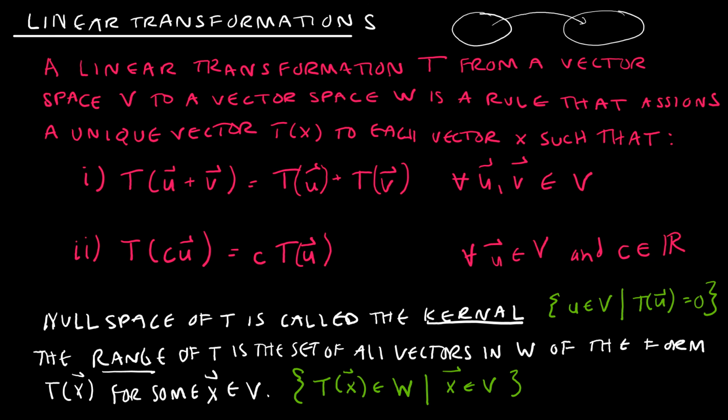So if you'll recall, a linear transformation, and again we're looking at it from a vector space to a vector space, which is not what we did previously, is a rule that assigns a unique vector Tx to each vector x, again a function, such that the transformation of the sum of vectors u and v is equal to the transformation of vector u plus the transformation of vector v, for all u and v in the vector space V. And that the transformation of some scalar times vector u is equal to the scalar times the transformation of vector u.